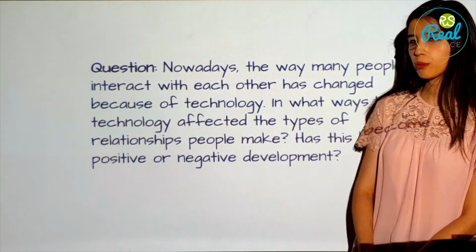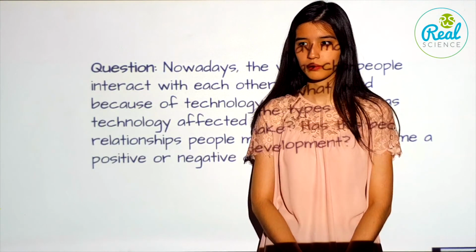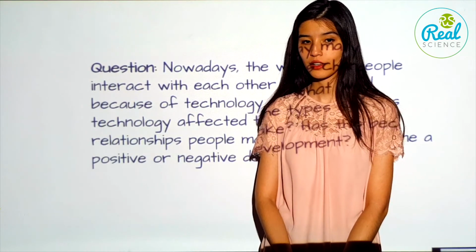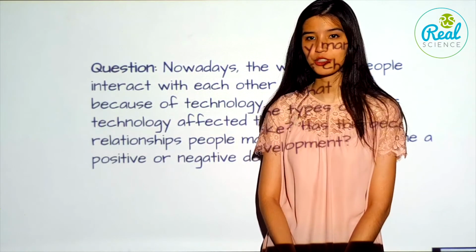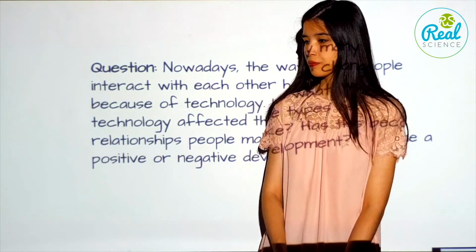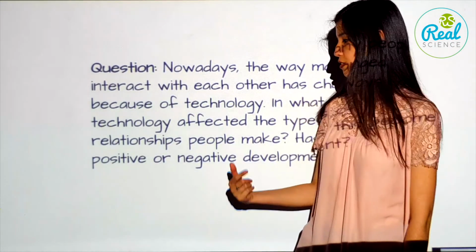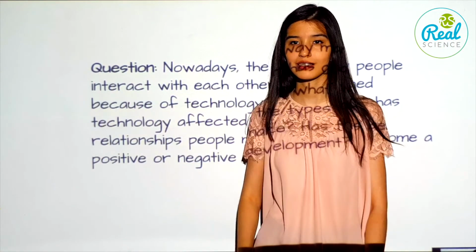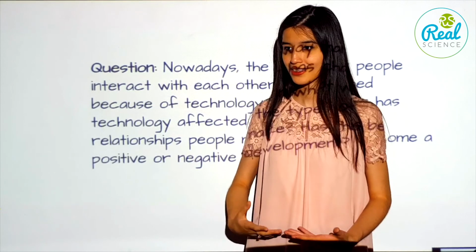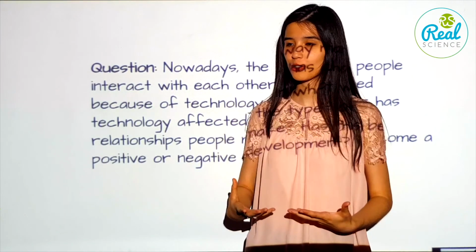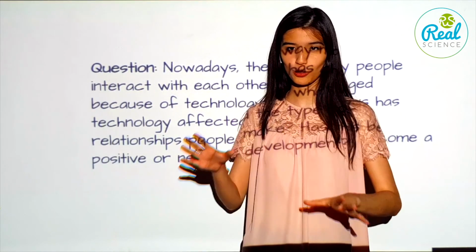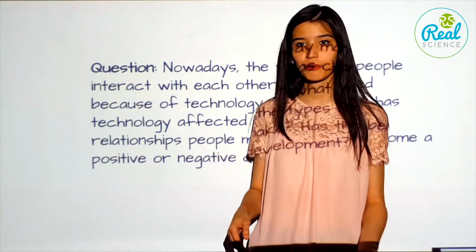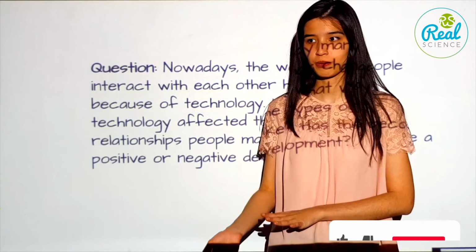Okay, do you think that it's all a positive effect or negative effect? Now here, when students talk about in what ways technology has affected, they tell the good things, like good ways it's helping. But when it comes to the second paragraph, is it a positive or negative development, they choose the other side.